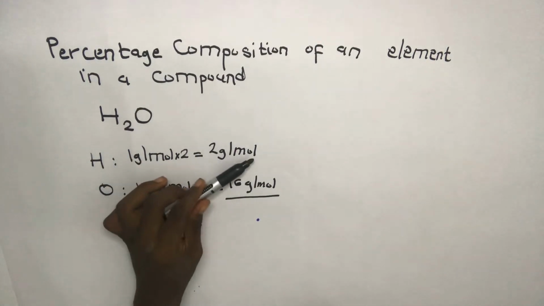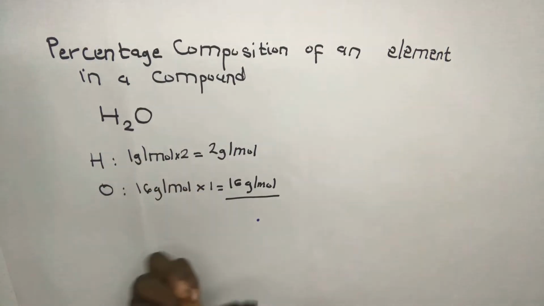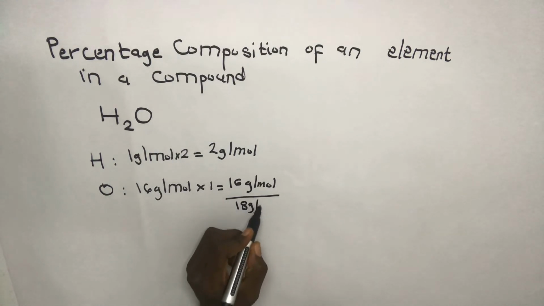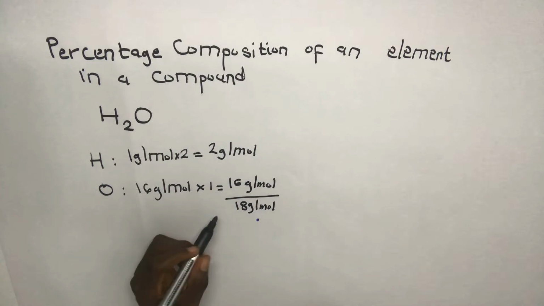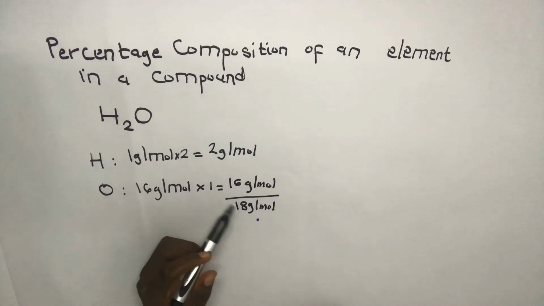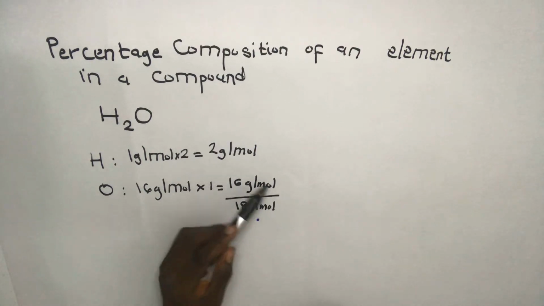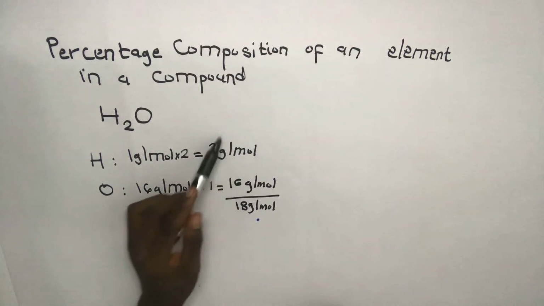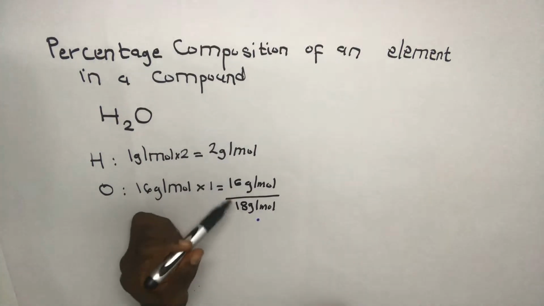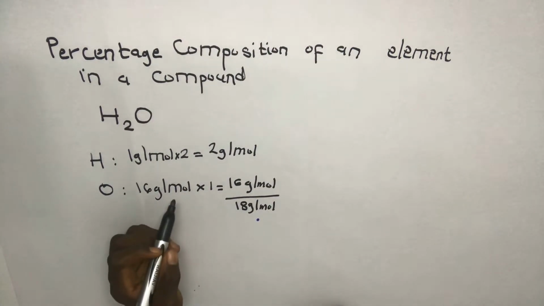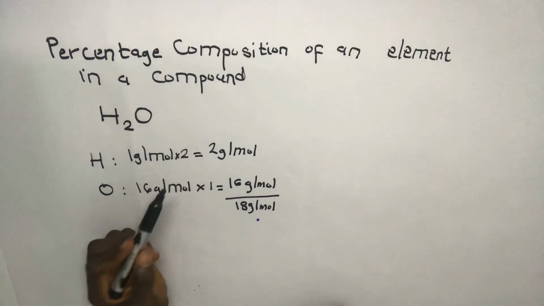So 2 grams per mole plus 16 grams per mole is equivalent to 18 grams per mole. Having determined the relative molecular mass of this compound, we can now proceed to determine the percent composition of each element in this compound.